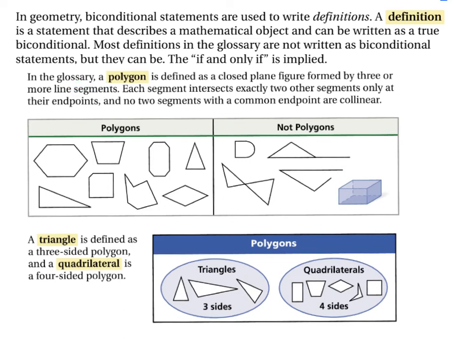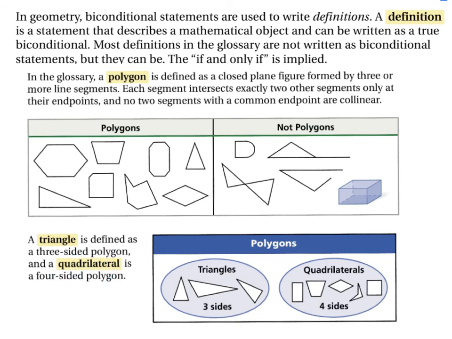In the glossary, a polygon is defined as a closed plane formed by 3 or more line segments. Each segment intersects exactly 2 other segments only at their endpoints, and no 2 segments with common endpoints are collinear. A triangle is defined as a 3-sided polygon, and a quadrilateral is a 4-sided polygon.